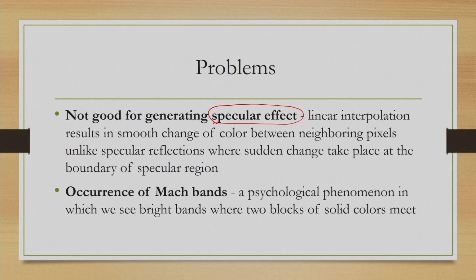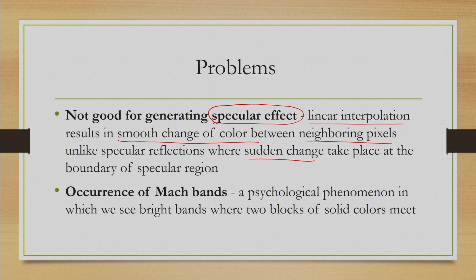This is primarily because this linear interpolation results in smooth change of color between neighboring pixels, which is not what happens in specular reflection, where there is a sudden change between neighboring pixels.